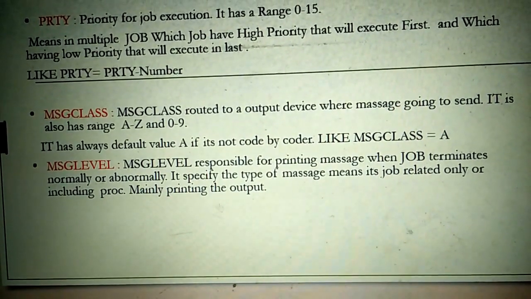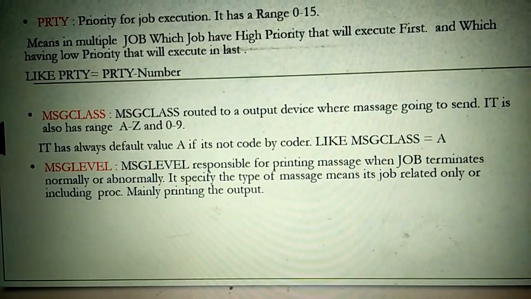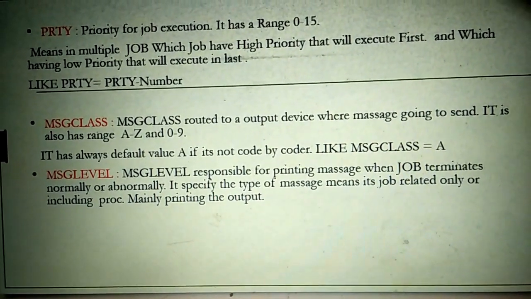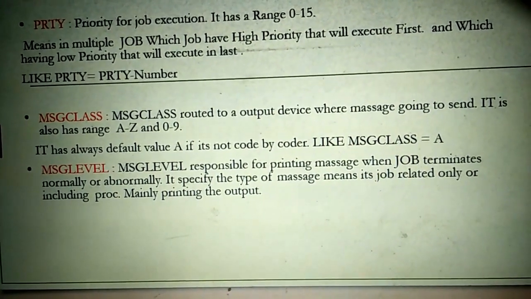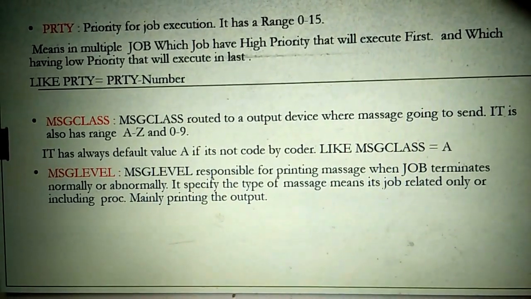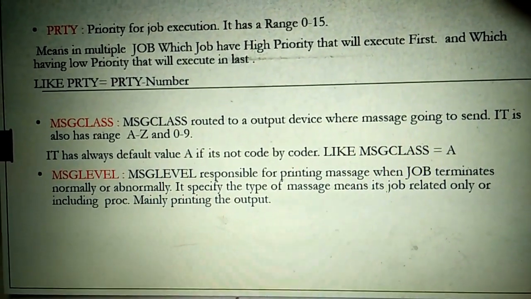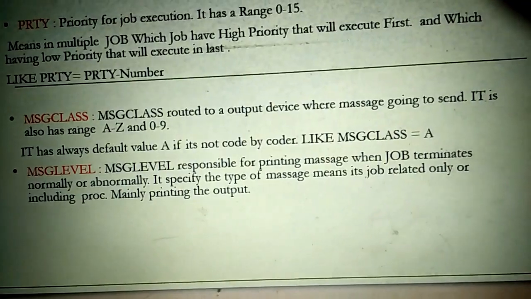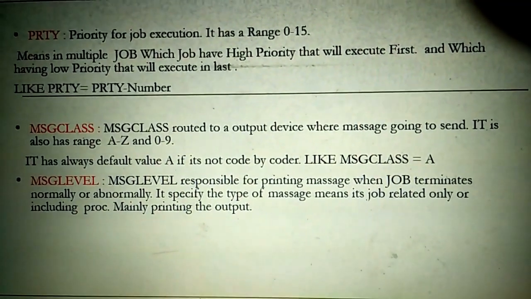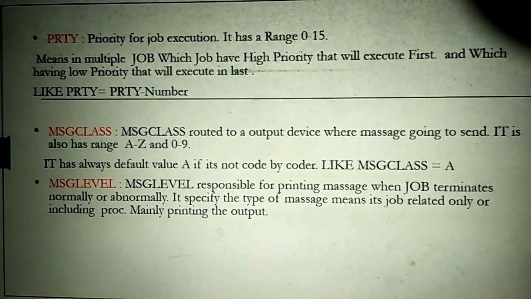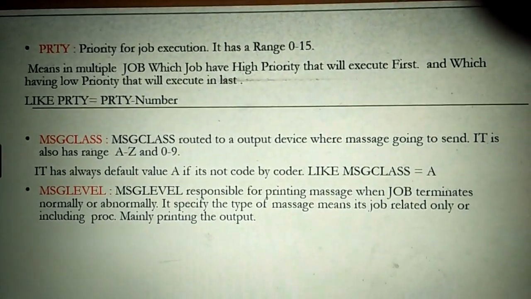Message level is responsible for printing the message when a job terminates, normally or abnormally. It specifies the type of message, job related only, including the proc, mainly printing the output in a particular location.